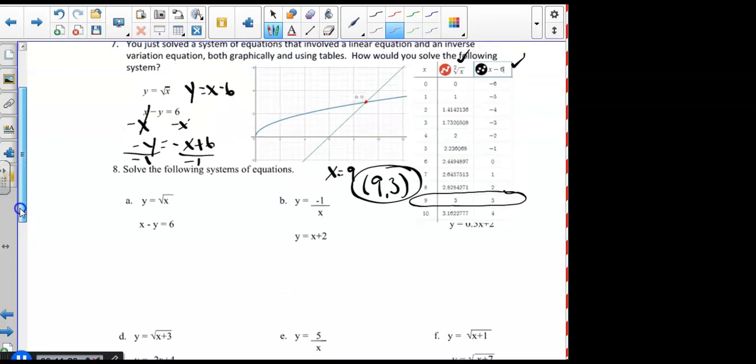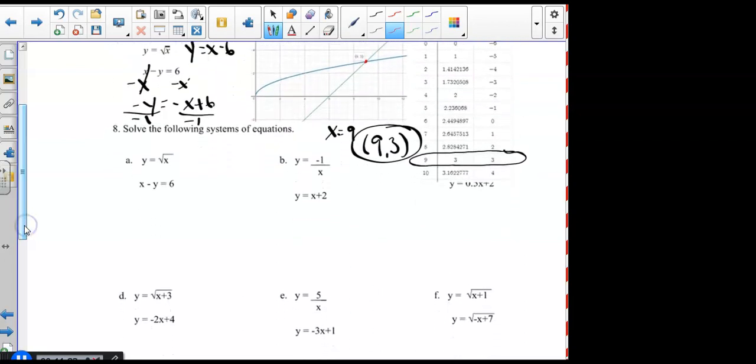Number 7's equations are the exact same as 8a. So let's try and solve with the math. We already know that x minus y equals 6 is equivalent to y equals x minus 6 when I get y by itself. We can set those two equal to each other and square both sides of the equation.